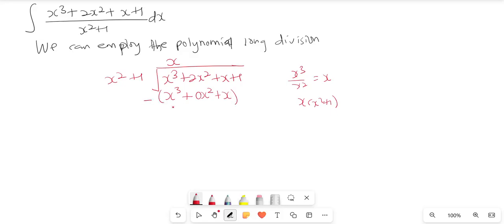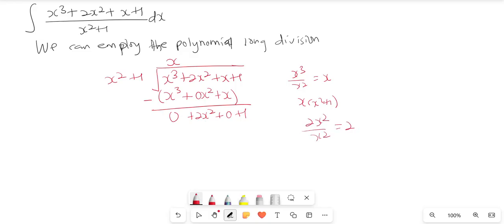Then you subtract. So x cubed minus x cubed is 0. 2x squared minus 0x squared will be 2x squared, plus x minus x is 0, plus 1 minus 0, which is 1. So you are going to divide 2x squared by x squared again.